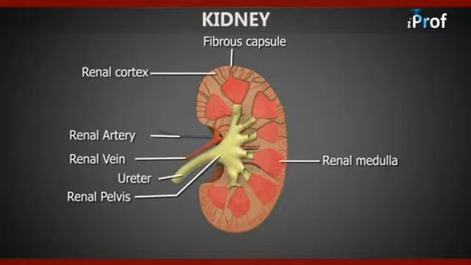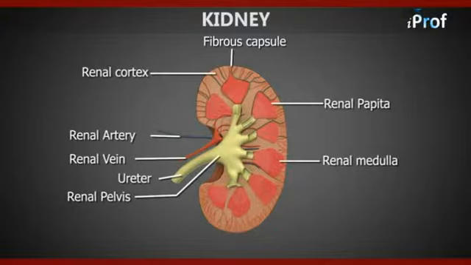Renal artery enters, and renal vein and ureter come from kidney. That is the renal papilla are present in the cortex part, and that is renal medulla.